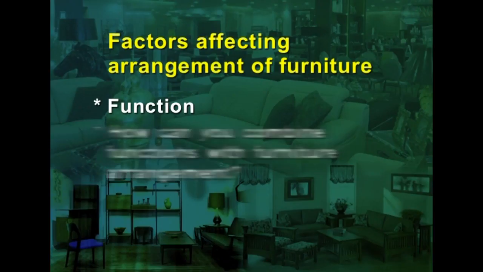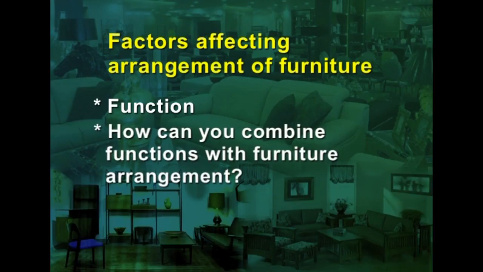A bed does not go into the dining room, nor does a dining table go in a bedroom. This dictates the selection and arrangement of furniture. Form should follow function.